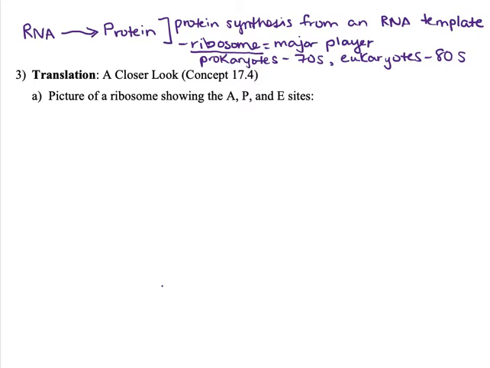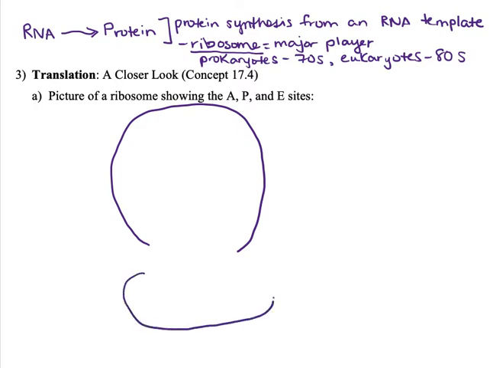All right, so let's draw a picture of what these ribosomes are, and then we'll get into that closer look of how translation occurs. Ribosomes are made of two subunits. We've got a large subunit, and then we have a smaller subunit. Both of these subunits are each made of RNA and protein.